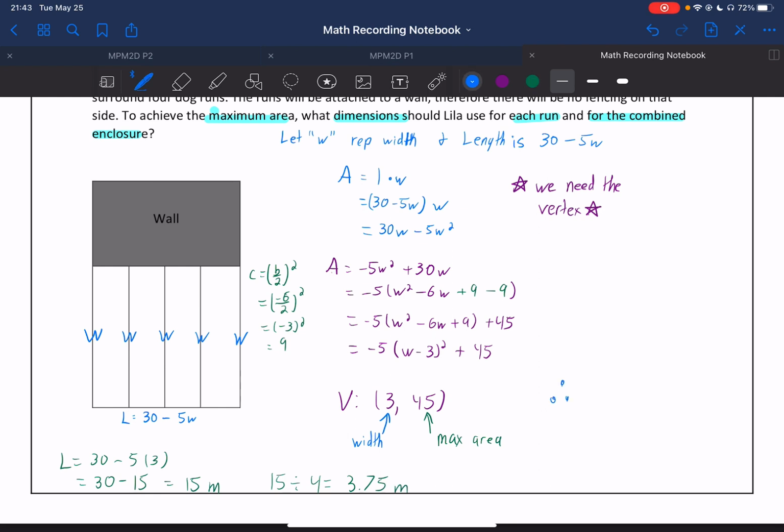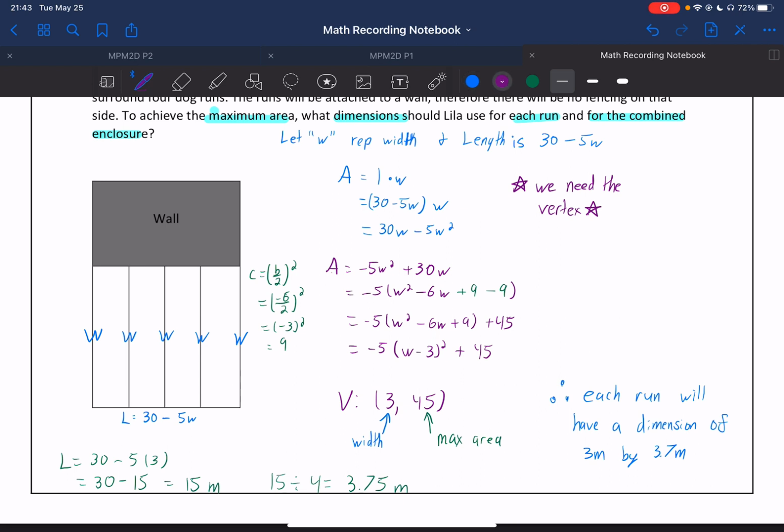Therefore, what we can say is that each run is going to be 3.75 meters. Should write that as a sentence, sorry about that. Therefore, each run will have a dimension of 3 meters by 3.75 meters.